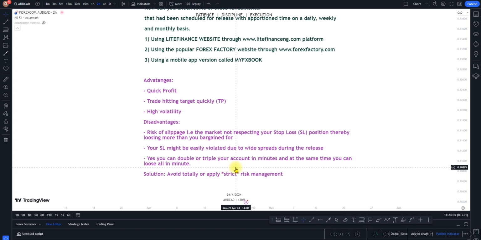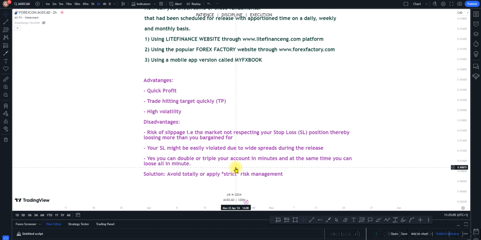If I have a trade setup on EUR/USD and there is a Euro news meant to be released later in the day, I should be careful of entering the trade, or probably I should avoid the trade totally. So that is one of the reasons why we actually look at fundamentals, apart from the fact that we are trying to understand the strength of a currency or some currency pairs.